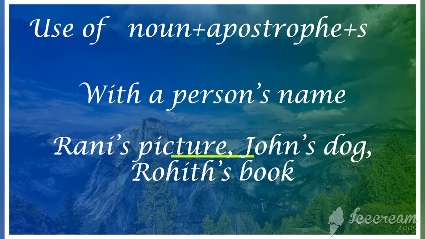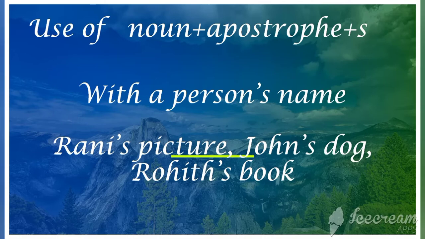And then the use of noun plus apostrophe plus s. We have seen the two uses of of plus noun, and now we are going to see the use of noun plus apostrophe plus s. With a person's name, of course, we use noun plus apostrophe plus s with living organisms, as we studied first. With a person's name, Rani's picture. Rani is a noun, apostrophe s, picture.